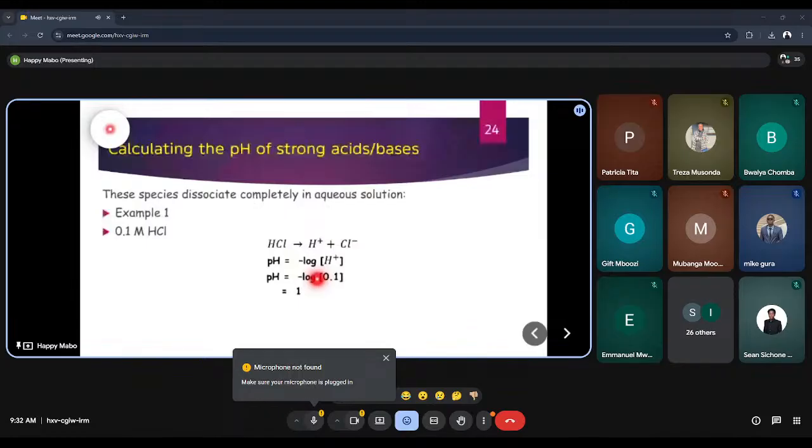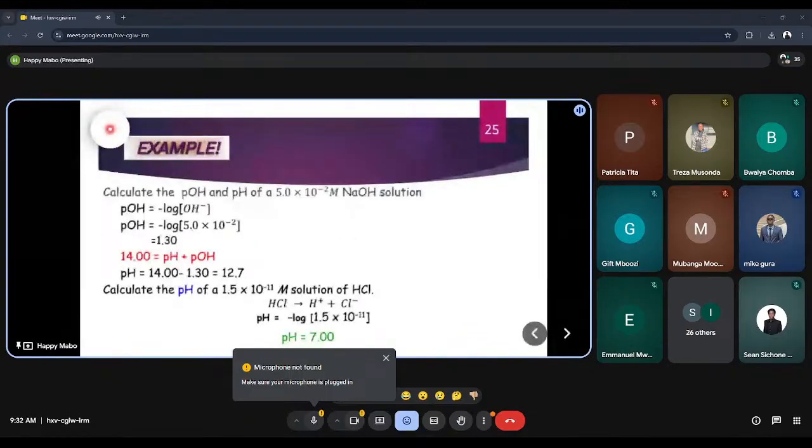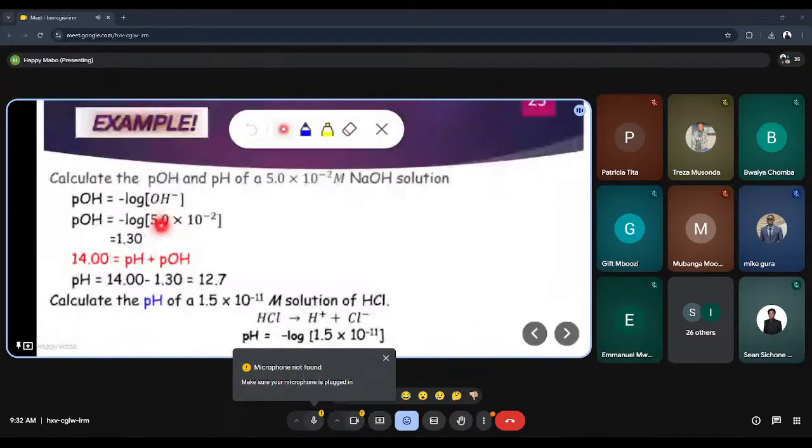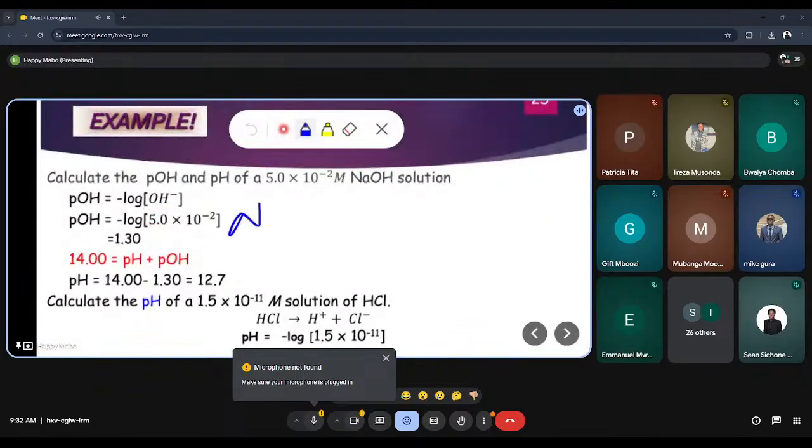So the concentration of HCl that is given initially becomes equal to the concentration of hydrogen ions, and you throw it into the pH equation, you'll be able to determine the pH of this particular acid as being equal to 1, in this particular example.